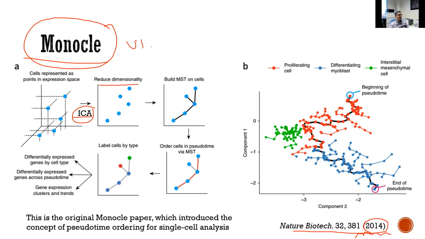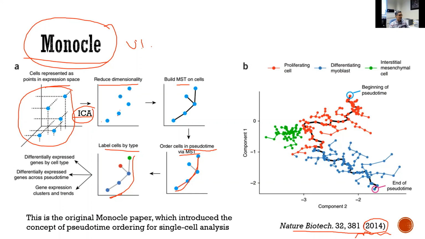We haven't mentioned this methodology. You can have high dimensional expression data sets and then reduce the dimension to show the relationship between cells. Then Monocle uses a minimum spanning tree to link those cluster centers, and then orders the cells in this pseudotime using MST information, and then labels different cell types and builds this trajectory.